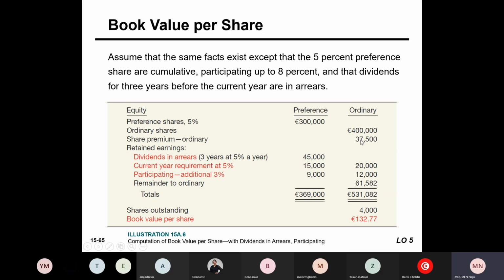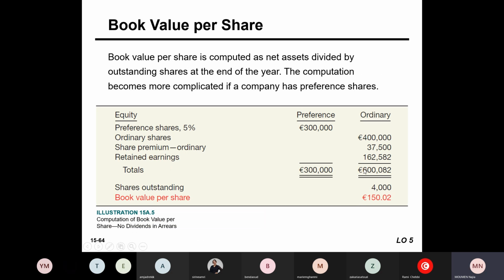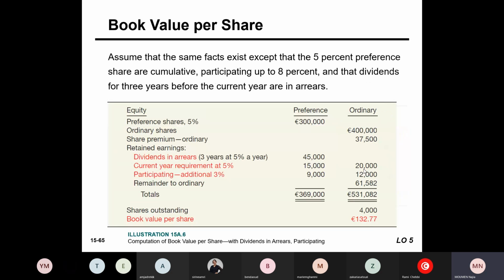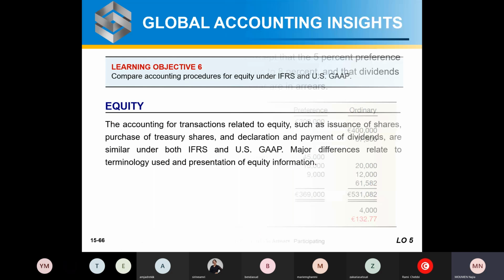If we sum up the ordinary share capital, the share premium, the dividends pertaining to ordinary shareholders, plus what is left, we get a total of 531. If you compare it with the 600, there is a really big difference. Why? Because we removed the 69, which is the amount added to the preference shareholders' total equity, which was 300.